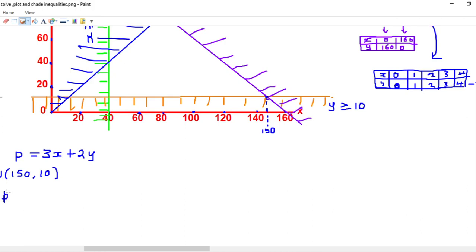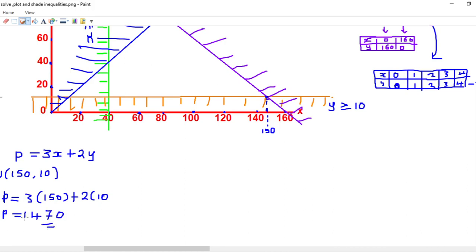Profit is equal to 3, substituting x which is 150, plus 2, substituting y which is 10. 3 multiplied by 150 is 450, plus 20 gives you 470. So 470 is the profit for this point.